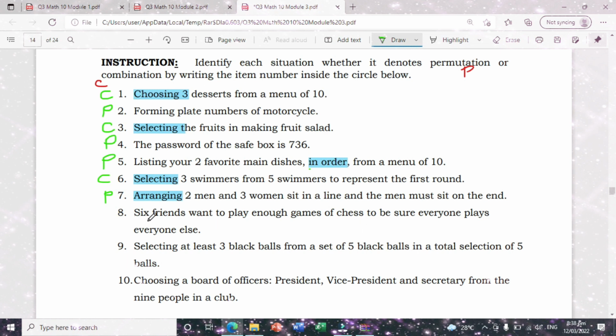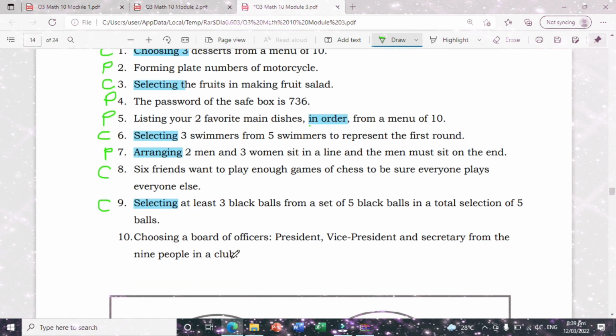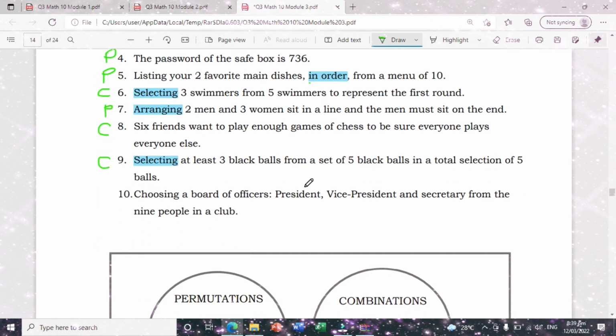Okay, so this is an example of combination. Selecting at least 3 black. O yan, then may word na selecting. So understood na combination. And lastly, number 10, choosing a board of officers from the 9 people in a club.